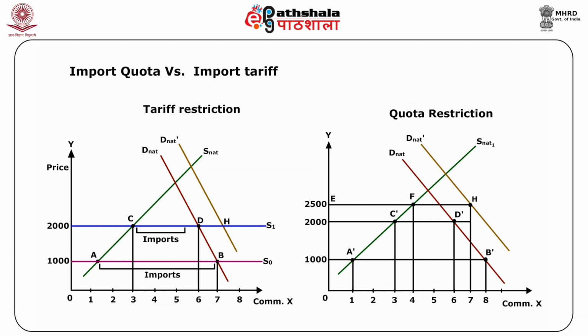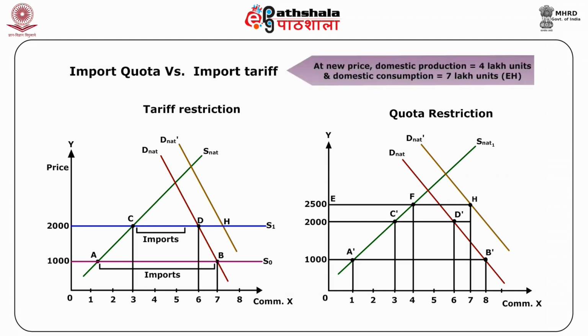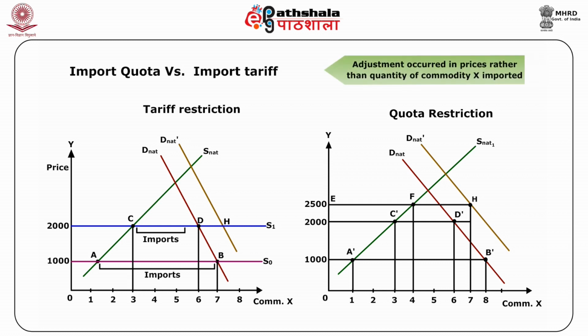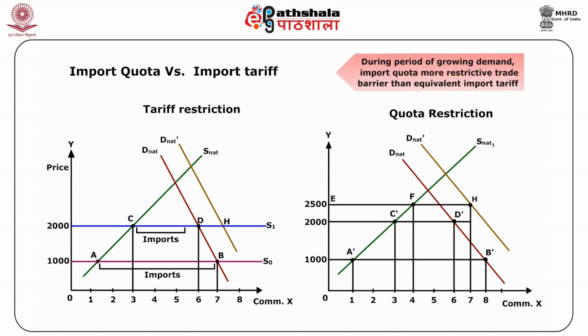Under the quota, the increase in demand from D to D' forces commodity X prices up from $2,000 to $2,500. At this new price, domestic production equals 4 lakh units EF and domestic consumption equals 7 lakh units EH. So the adjustment occurs in the price rather than in the quantity of commodity X imported. So, during a period of growing demand, an import quota is a more restrictive trade barrier than an equivalent import tariff.